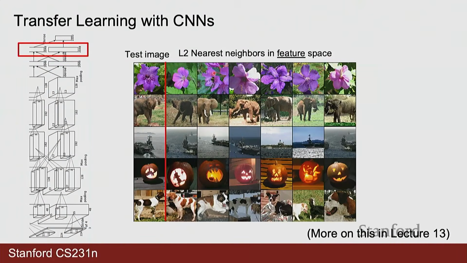So intuitively, these features are really good: you could build a linear classifier on top of them, or a k-nearest neighbor classifier, and classify objects extremely well. So how could you use this in practice?